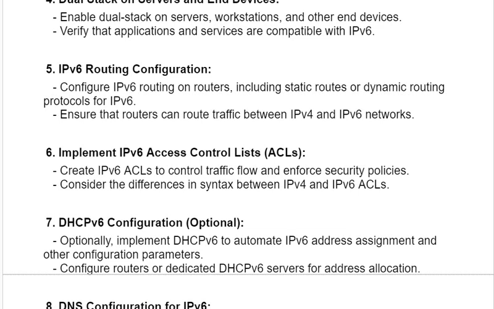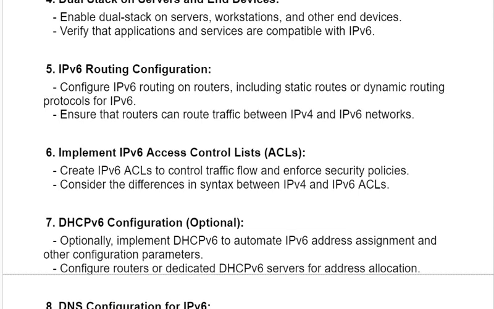Sixth solution, implement IPv6 access control lists (ACLs). Create IPv6 ACLs to control traffic flow and enforce security policies. Consider the differences in syntax between IPv4 and IPv6 ACLs.